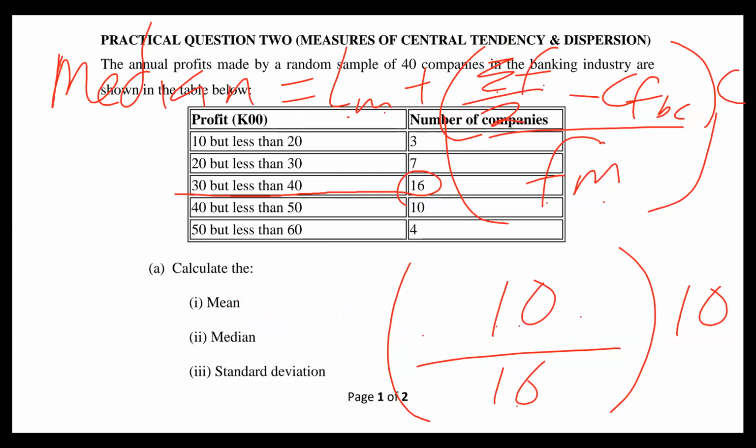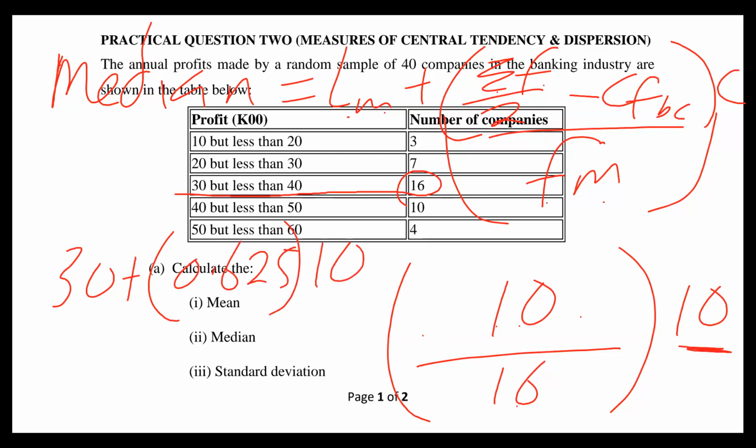What do you find? 0.625. 0.625 multiplied by 10 again, that will be 6.25, plus 30.